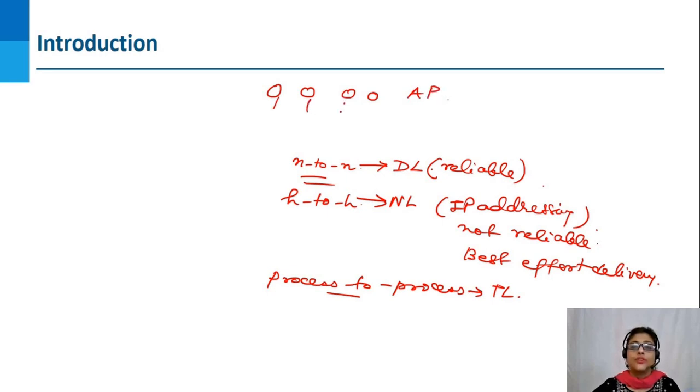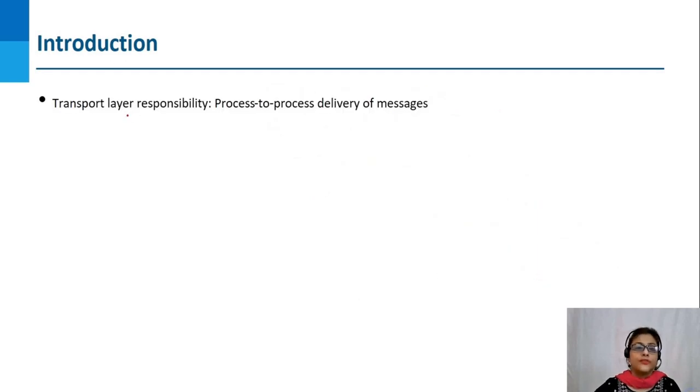Now, these application programs, when they are in execution, are known as processes. Now, these processes from the application layer are transferred to the transport layer through the interface known as the socket. Now, in order that we have reliable process-to-process delivery of data, there must be reliable data transfer at the transport layer.